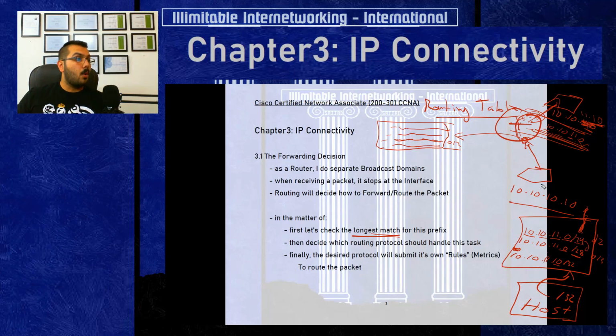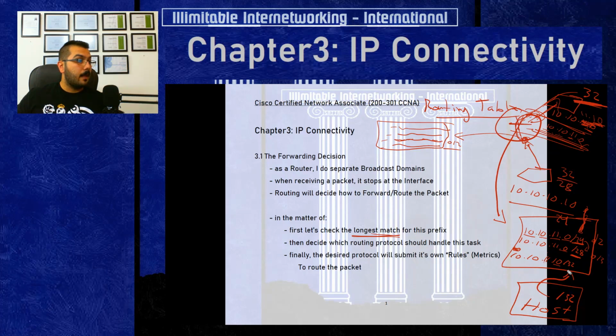So my packet wants to reach a host, and the host has the subnet mask of 32, as I have just mentioned. When I come here, this matches only 24 out of the 32 that I want. This one matches only 28 out of the 32.